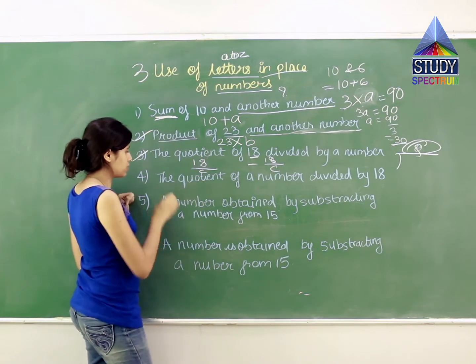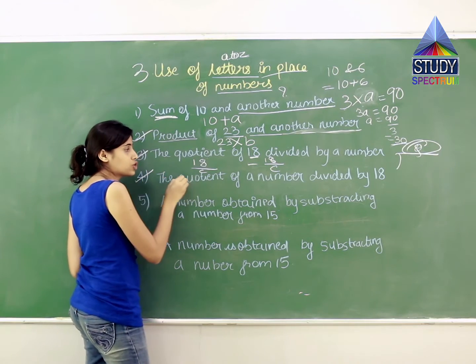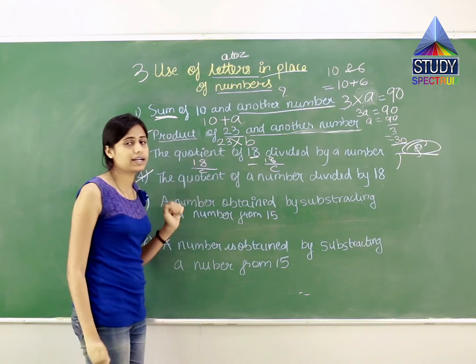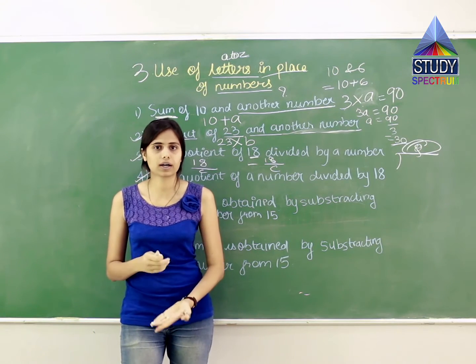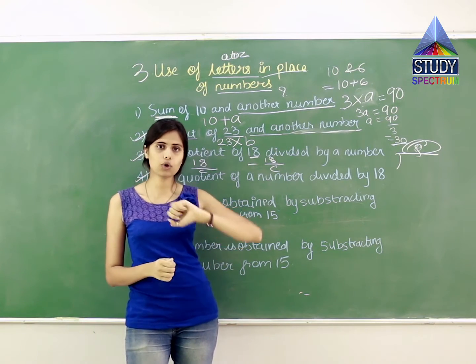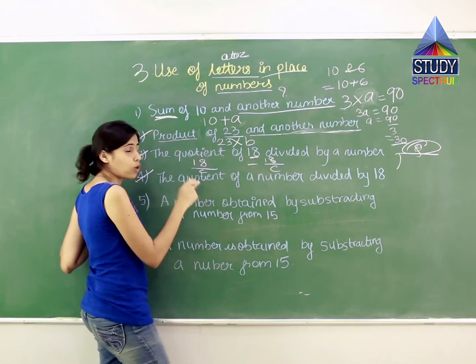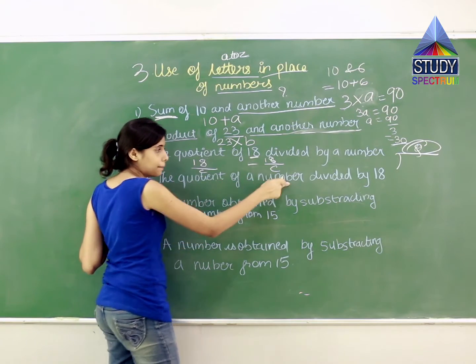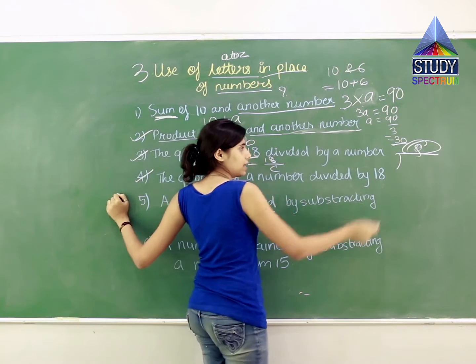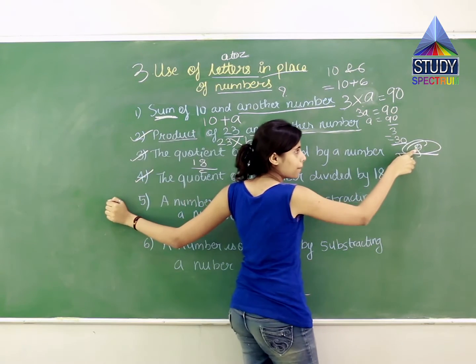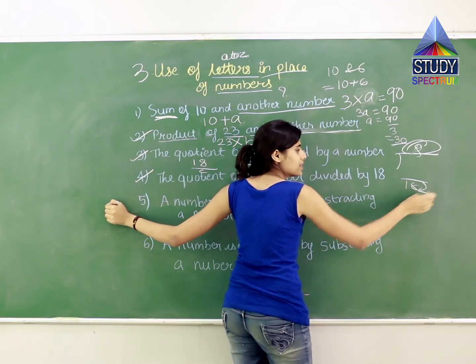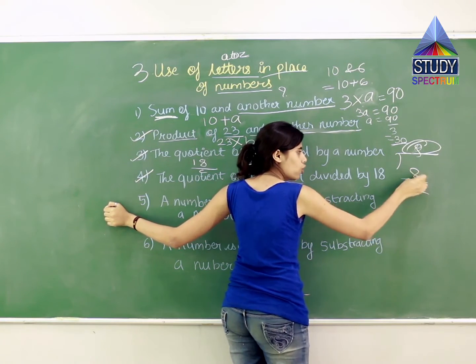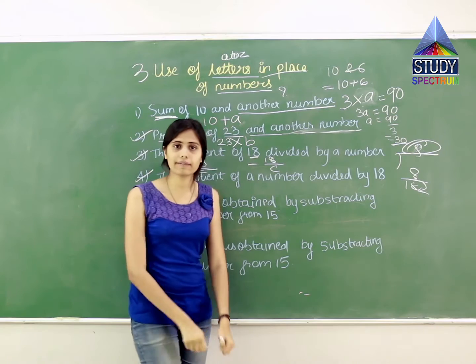Now the next question, which is the fourth. The quotient of a number divided by 18 means what? 18 is in the denominator, but there is one number in the numerator. See, read it again. Quotient of a number divided by 18 means quotient of a number when it is divided by 18. By 18 means 18 is in the denominator, and the number in the numerator we don't know.